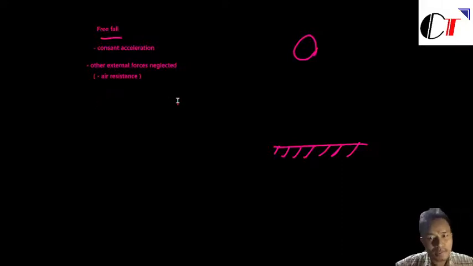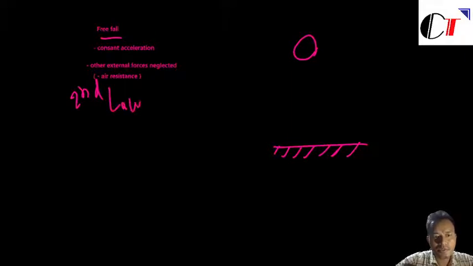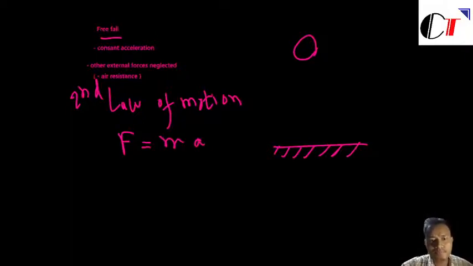Now we want to determine what kind of motion the free fall is. For this, we will always use Newton's second law of motion to check the type of motion of the object. Newton's second law is that the net force, or residual force, on the object is mass times acceleration.